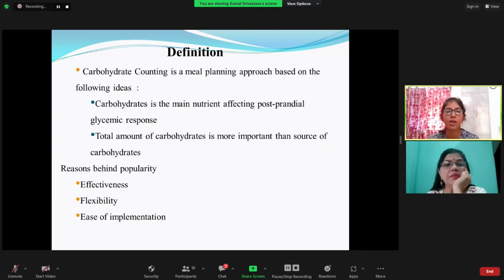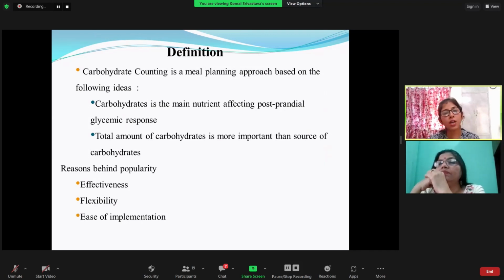So carbohydrate counting is a meal planning approach based on the following idea. First, carbohydrate is the main nutrient which affects the postprandial glycemic response. So it is not only the wheat products, the rice products, the millet that affect the blood sugar level.